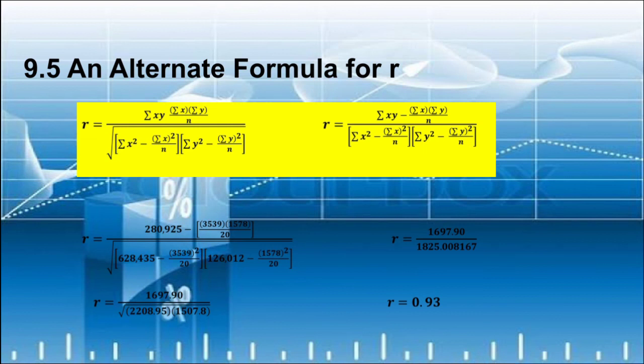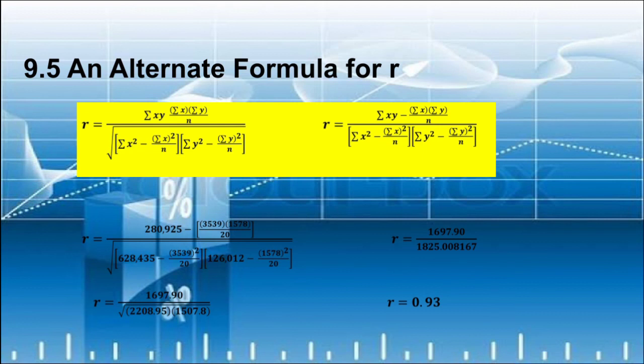r is equal to 1,697.90 over the square root of 2,208.95 times 1,507.8.